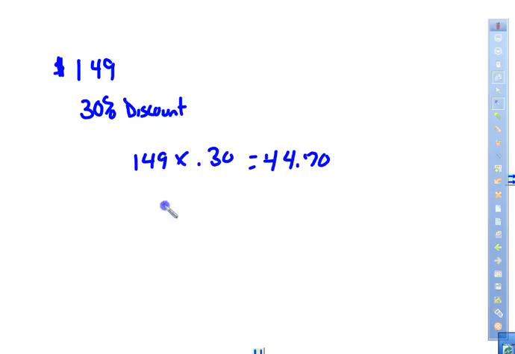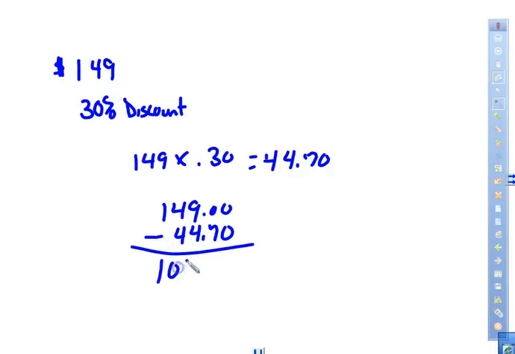But we then again have to take my 149 minus 44.70 and subtract the two of them, and you get $104.30. So the big thing here is to make certain that you realize for discounts, you subtract the difference, and on tips, you need to add that answer to the original amount.